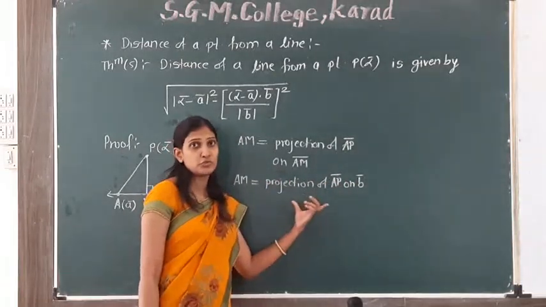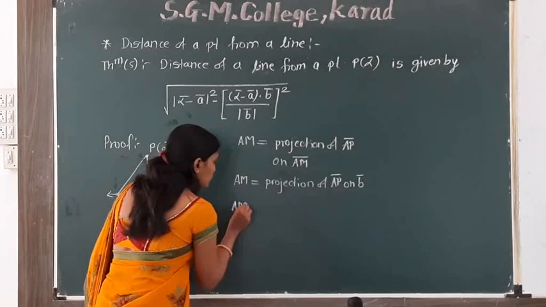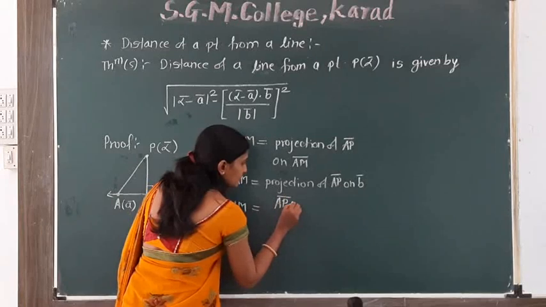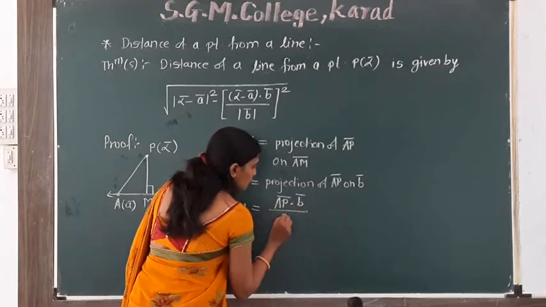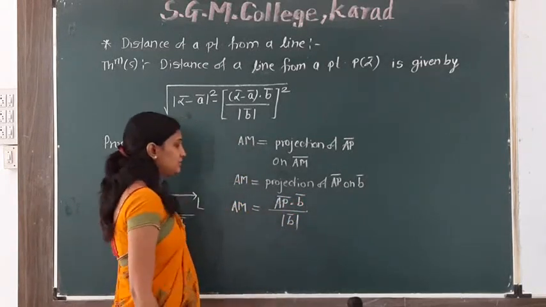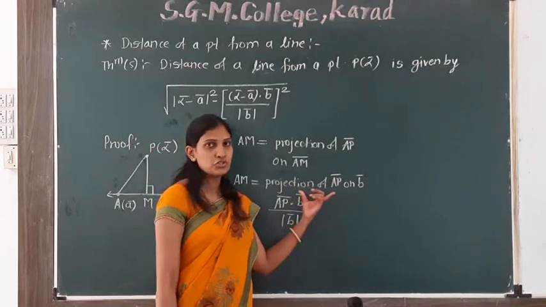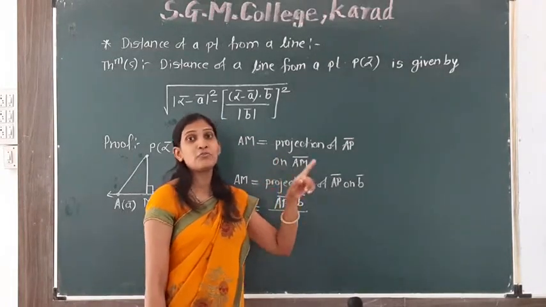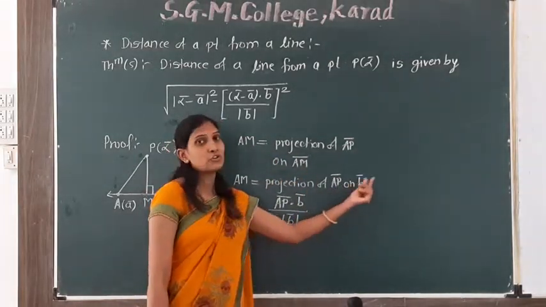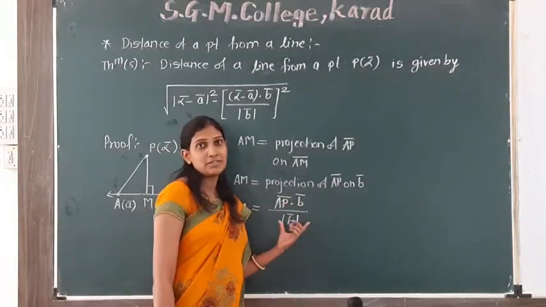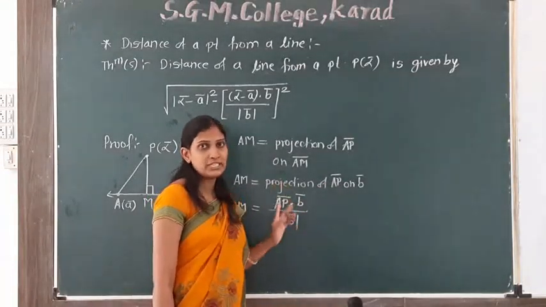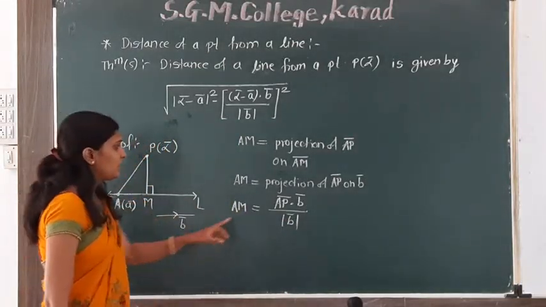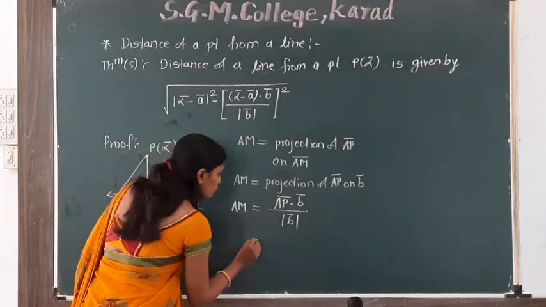So by the definition of projection, AM is equal to AP bar dot b bar upon magnitude of b bar, by the definition of projection which we studied in 11th standard in the topic vector. That is, the projection of a bar on b bar is a bar dot b bar divided by magnitude of b bar. We use that formula here. But what is the value of AP bar?